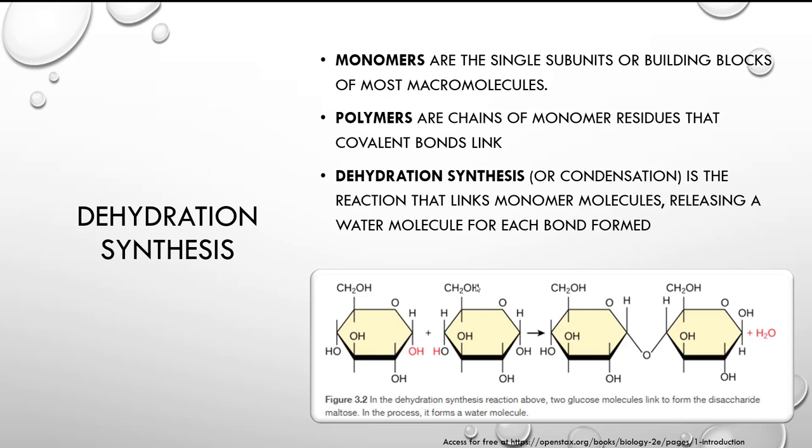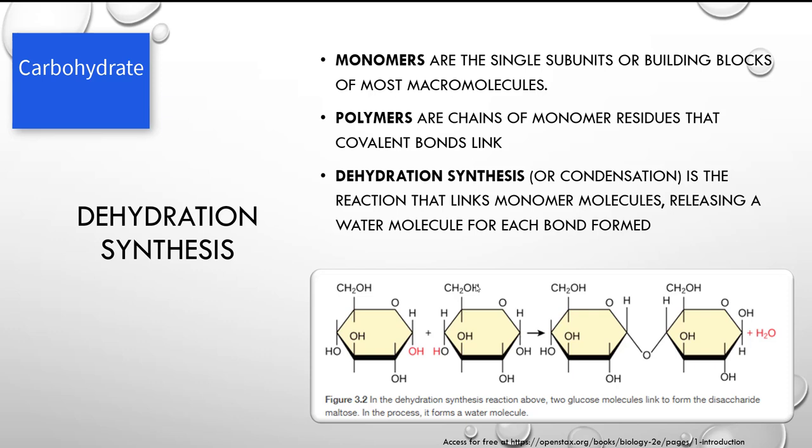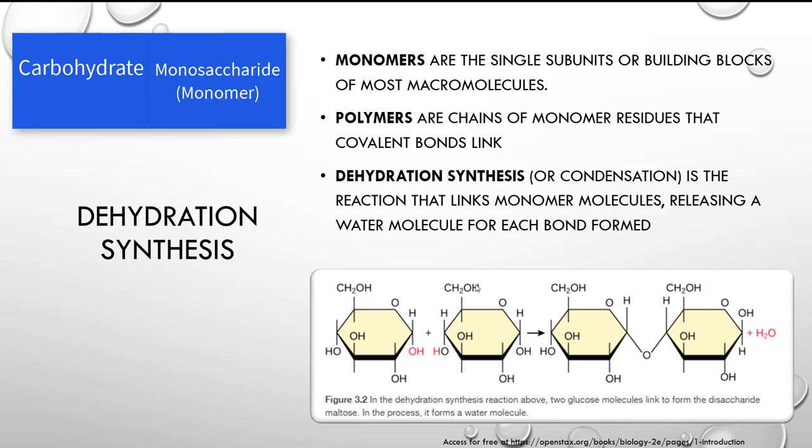So let's start off by learning about the monomers and the polymers. Monomers are the single subunits or building blocks of most macromolecules. Think about the carbohydrates. Their monomers were the monosaccharides. If we have 2 monomers, or 2 monosaccharides, linked together, they form a disaccharide.